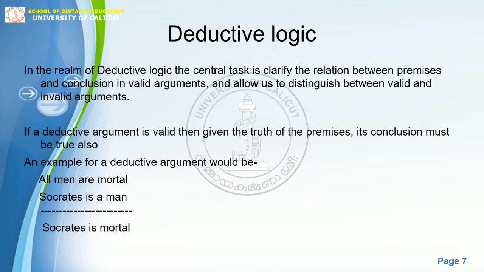If a deductive argument is valid, then given the truth of the premises, its conclusion must be true also. An example of a deductive argument would be, here also the same example: all men are mortal, Socrates is a man, therefore Socrates is mortal. This is an example of deductive logic, or deduction.